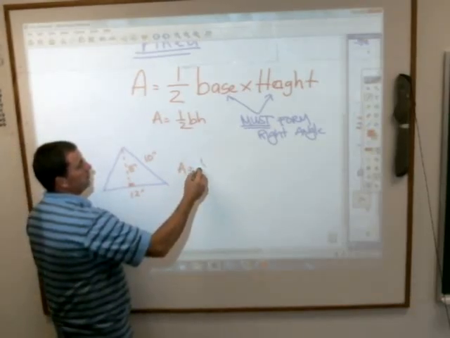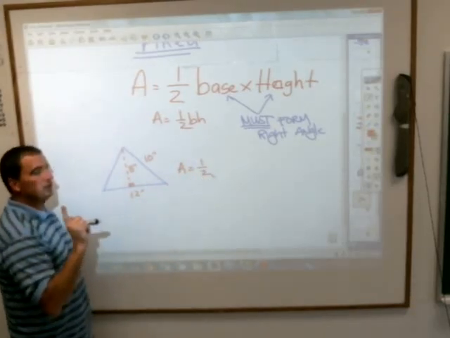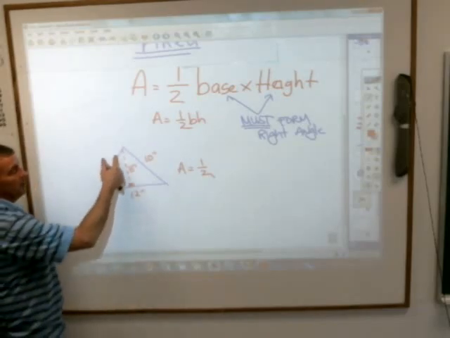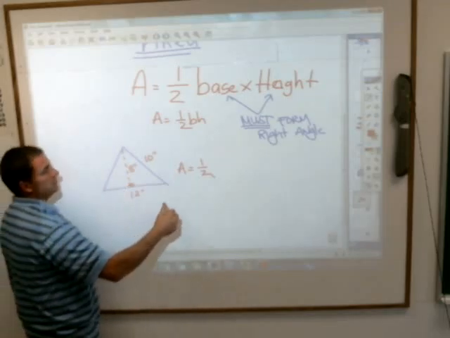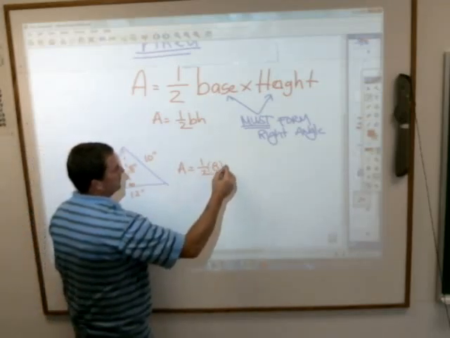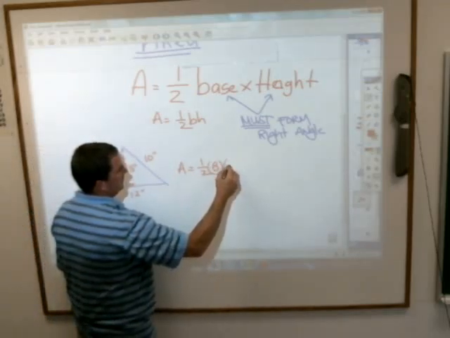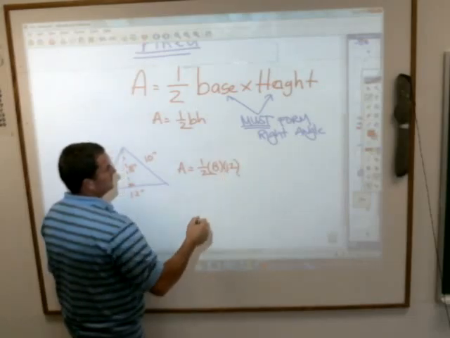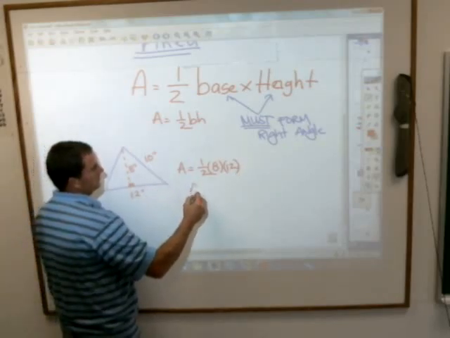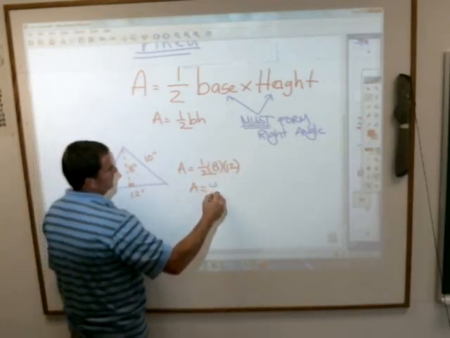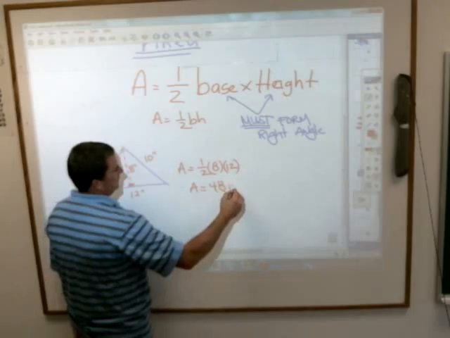The area would be 1/2 and you have to multiply the two lines that form the right angle. This and this, the two lines that make that square, are the two that you use for your height and your base. And it doesn't matter which one you take half of first, or even if you do half first. You're going to get half of 96 or 48 inches squared.